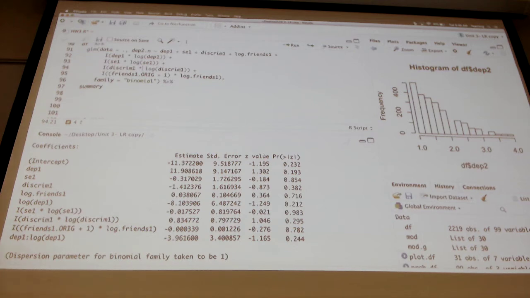And so if we're going to create this term to check linearity of the logit, we have to use the original, but we have to add 1 to it, just like we did when we transformed it. So that's why there was that sudden little, oh, right, friends1 plus 1 times the log of friends. Okay.